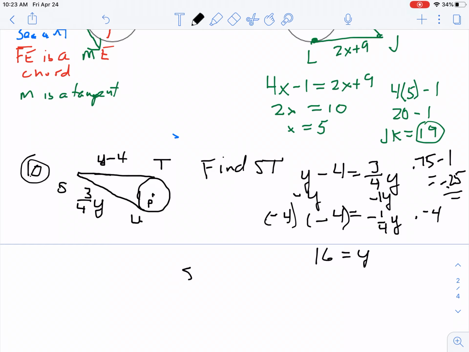So ST is equal to y minus 4, which is 16 minus 4, which gives us a final answer of 12. So there's how we use the circle and these terms we've used with both circles and lines and segments to solve problems.